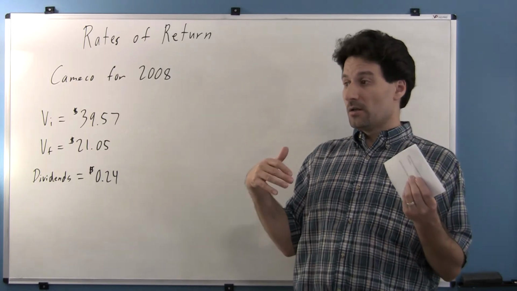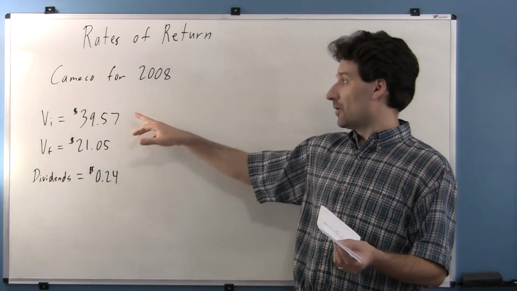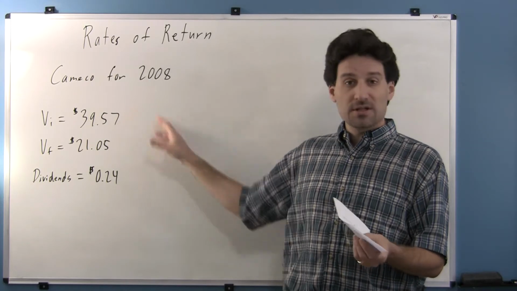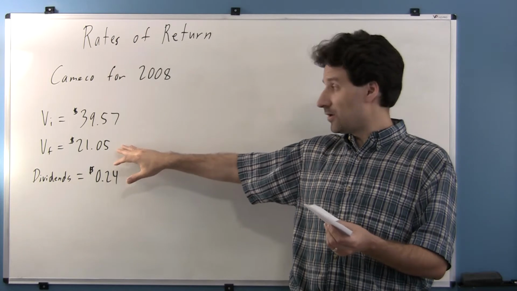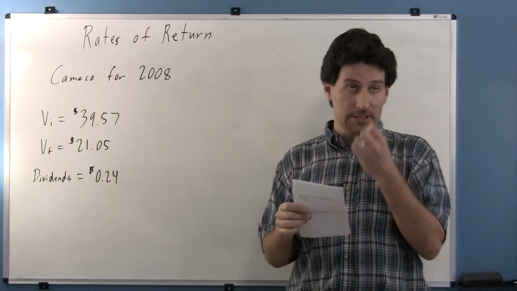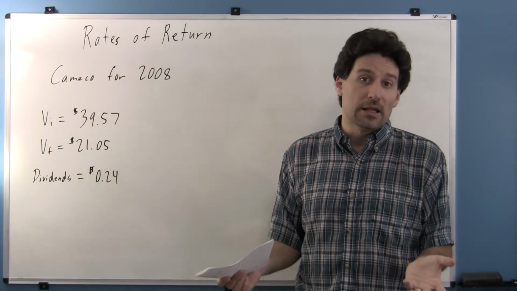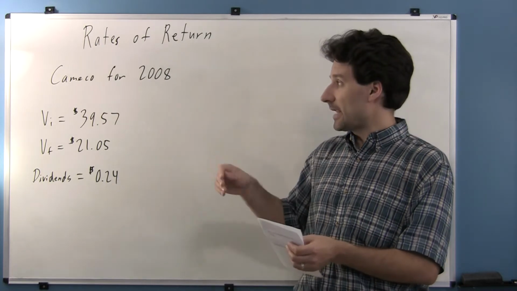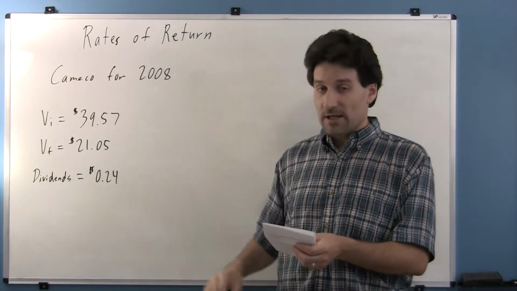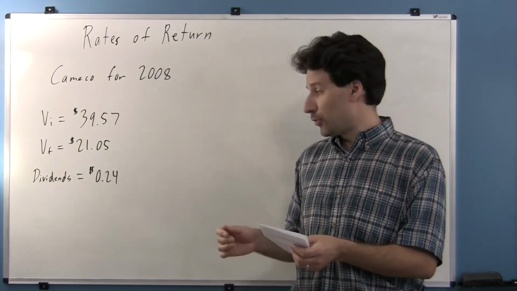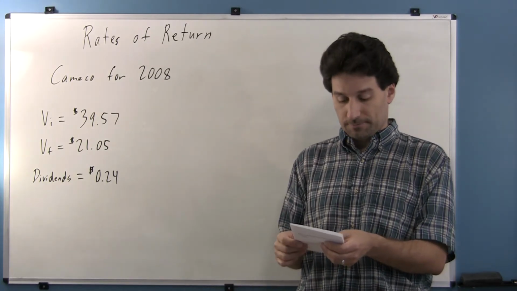So we'll look at what the stock price did that year. The end of 2008 was 21.05. We'll consider that to be the price you would be selling at if you're trying to calculate how Cameco performed that year. And the dividend paid was $0.24, or 24 cents.